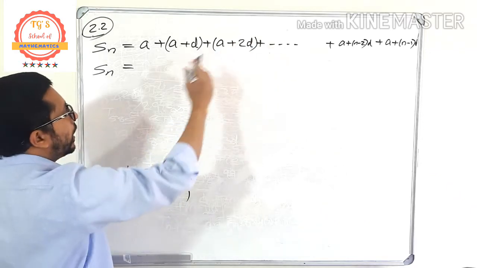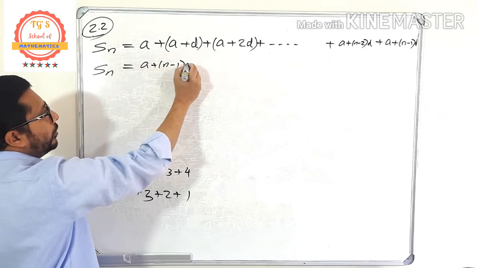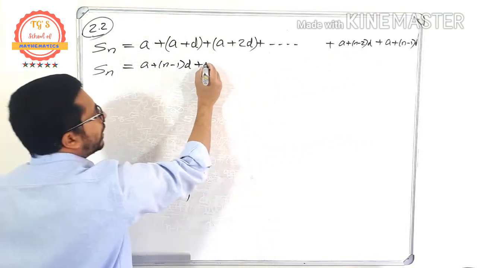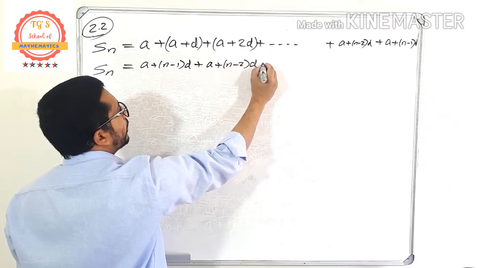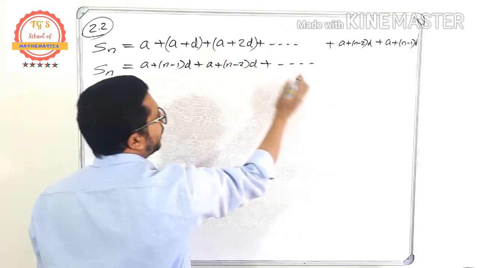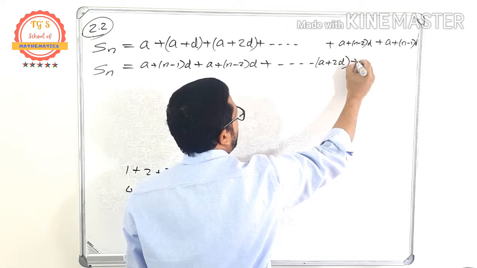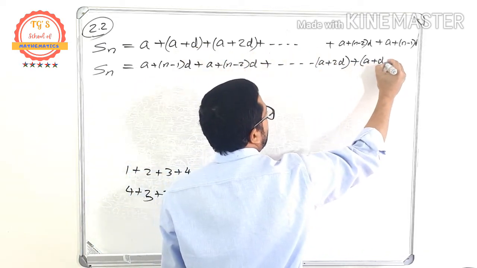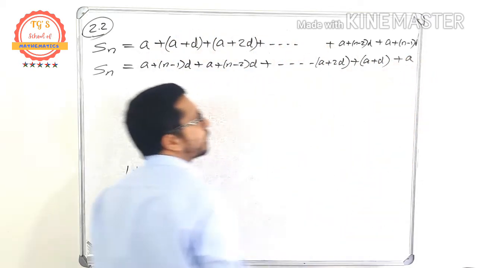So what is the last term? A plus n minus 1 into d, plus, what is the second last term here? A plus n minus 2 into d, plus, then etc. Now here a plus 2d, plus, next one a plus d, then the first one is plus a.